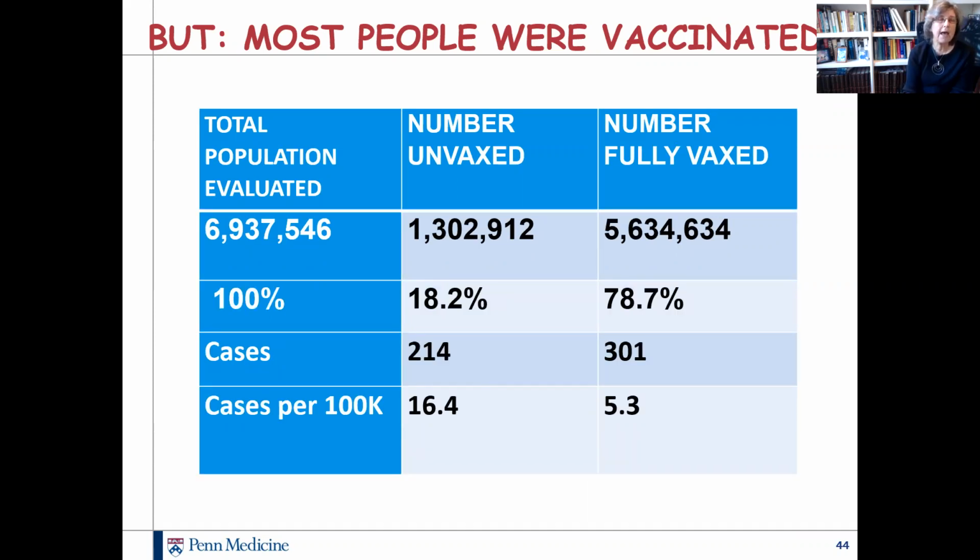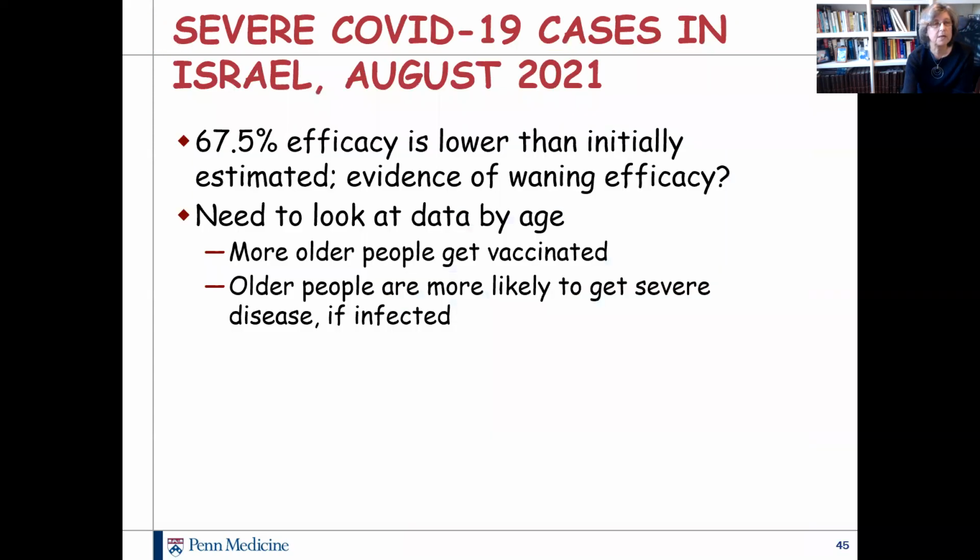So when you look at the number of cases, yes, more than half the cases were in vaccinated groups, but it represented only 5.3 cases per 100,000 versus 16.4 cases per 100,000 in those who were unvaccinated. So that was about 67% efficacy. So, all right, 67% efficacy, it's not nothing, but it's lower than the initial estimates.